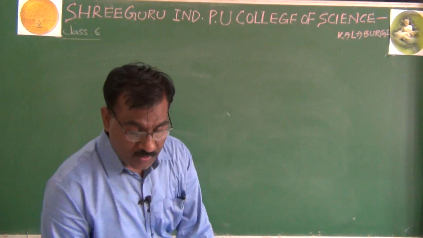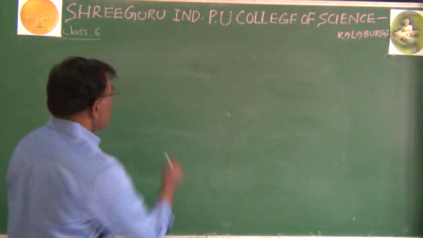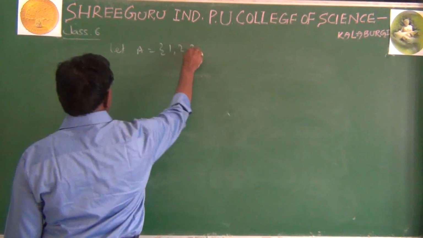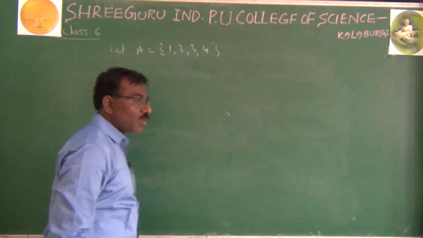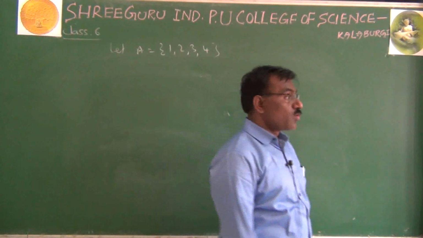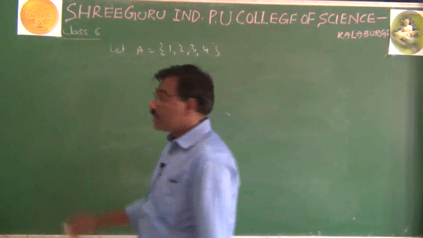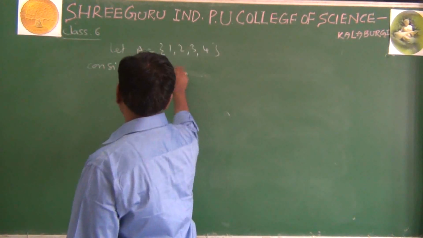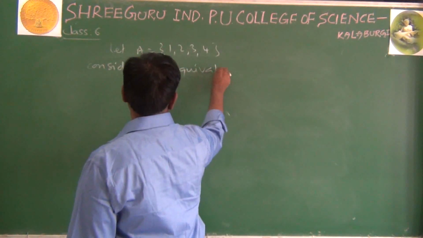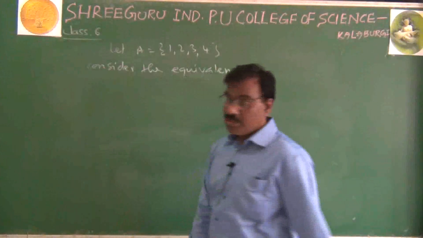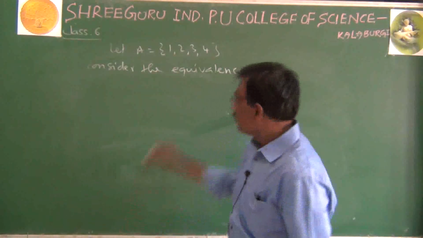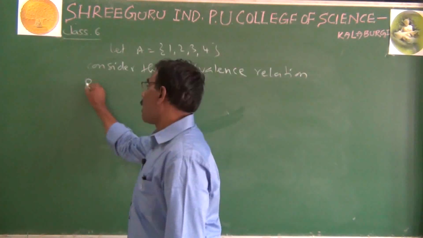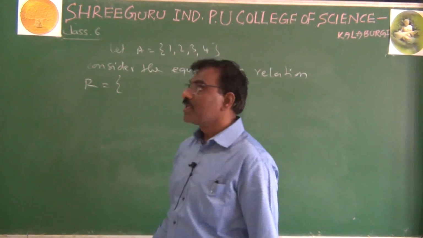Let A = {1, 2, 3, 4}. It is a set A. Consider the equivalence relation.